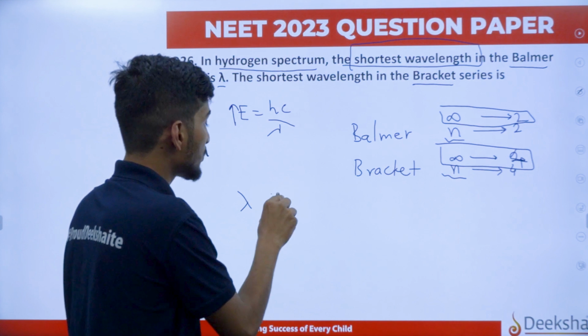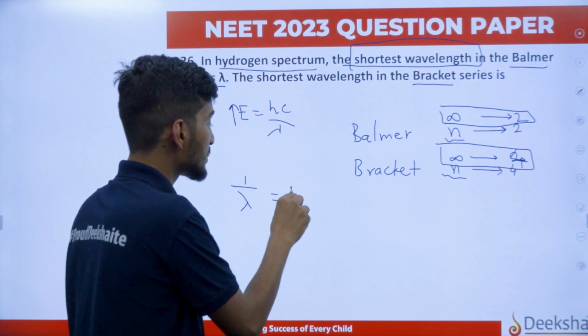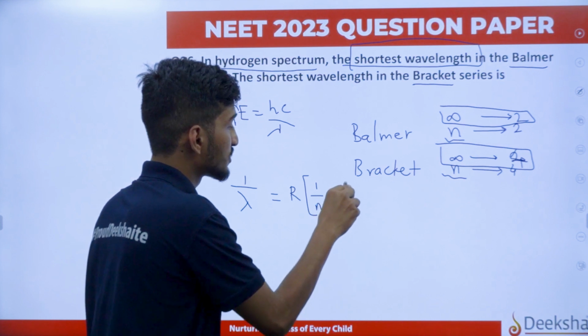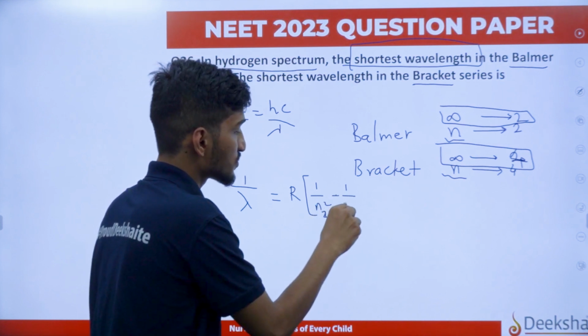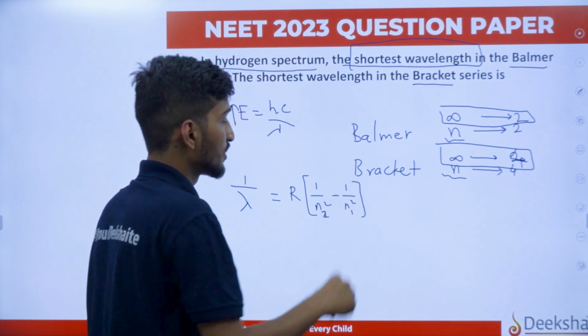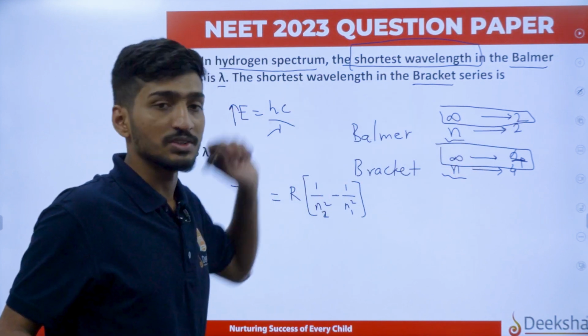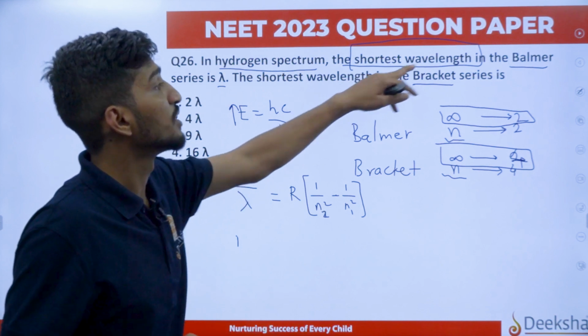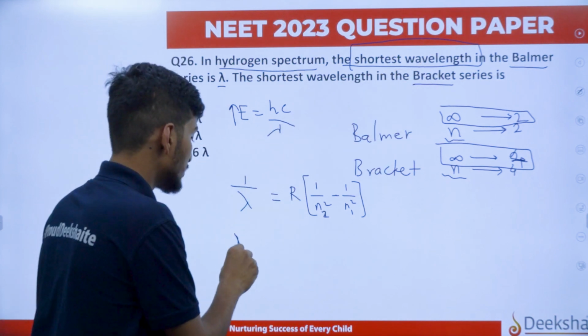Wavelength, if you remember, has a formula of 1 by lambda is R times (1 by n1 square minus 1 by n2 square), where n1 is the lower level and n2 is the upper level. If I were just to talk about the ratio of wavelengths of Balmer and Brackett, it would look something like this.